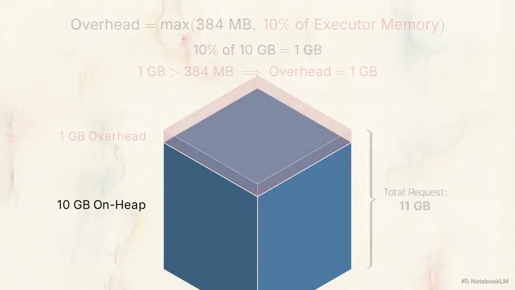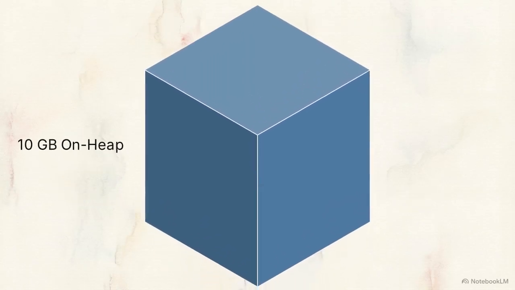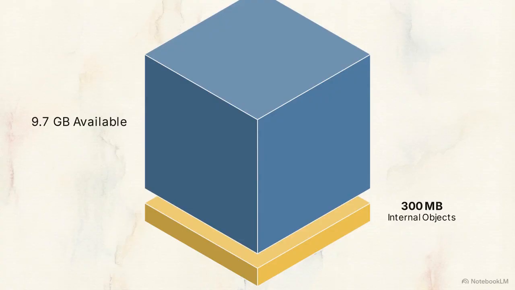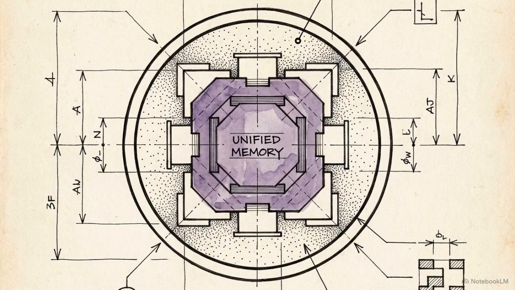With the overhead accounted for, we can look strictly inside the 10 gigabyte JVM on-heap space to begin partitioning the processing areas. Spark immediately slices off and reserves exactly 300 megabytes at the base of this container, exclusively for internal system objects. The remaining space is governed by a parameter called spark.memory.fraction.